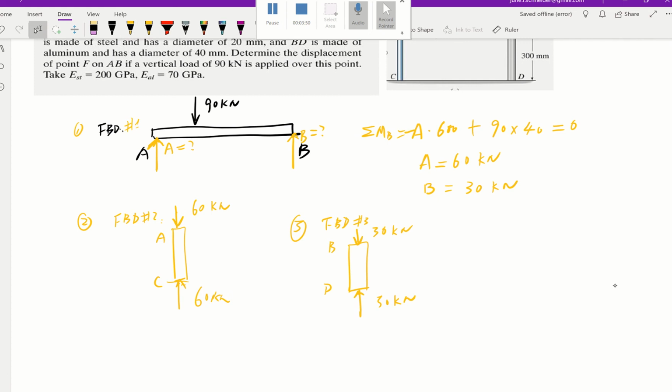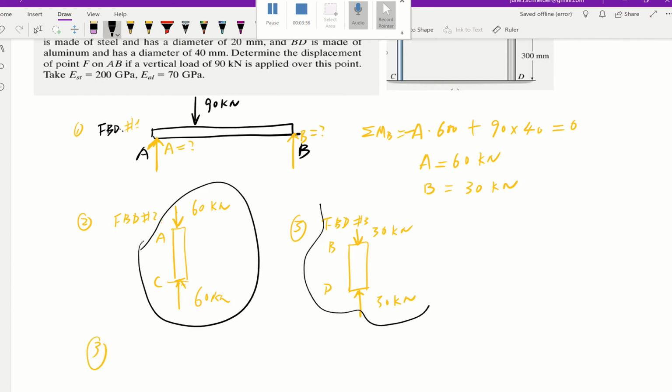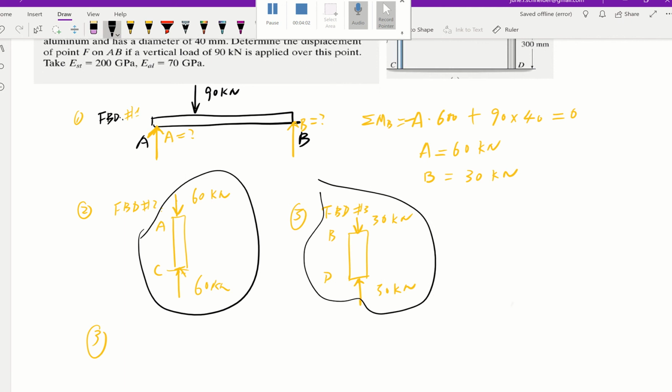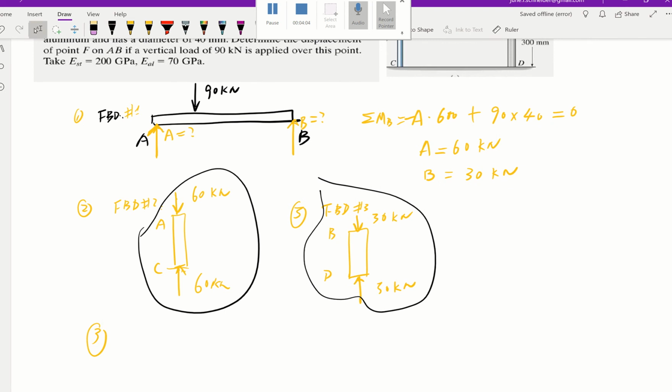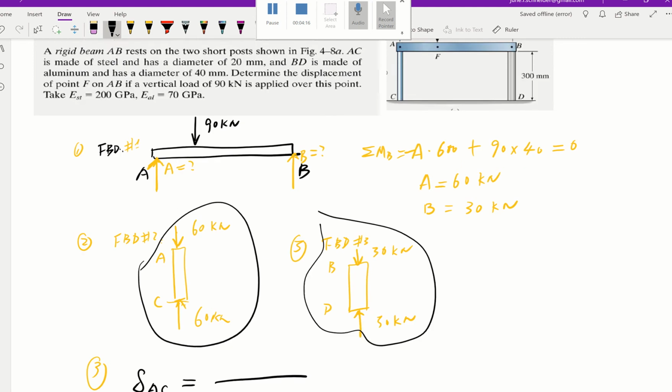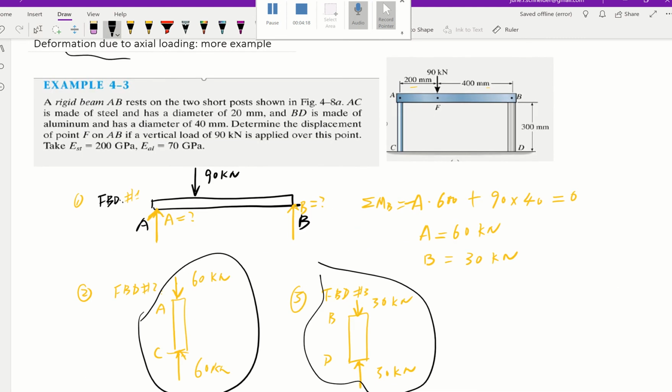Knowing that, you know these two are perfect axial loading situations. AC is in compression, and so is BD. If they are in compression, they're going to contract, so we're going to figure out how much the deformation is. What's the deformation in AC? That's related to our topic, deformation due to axial loading.